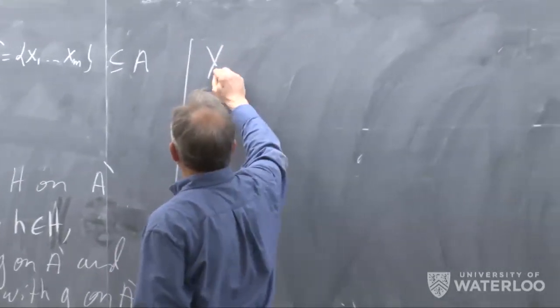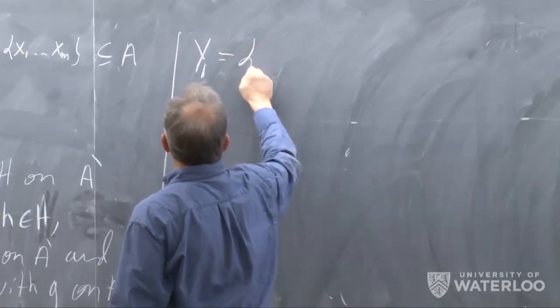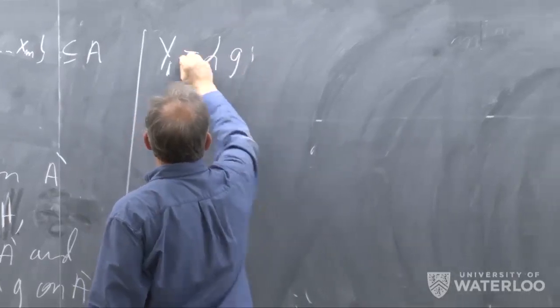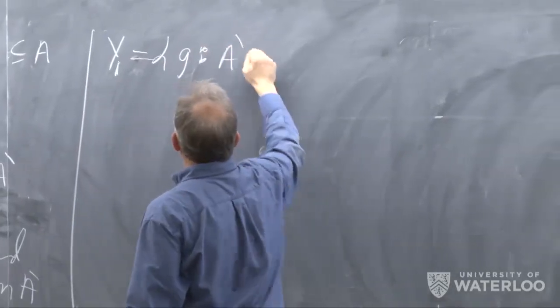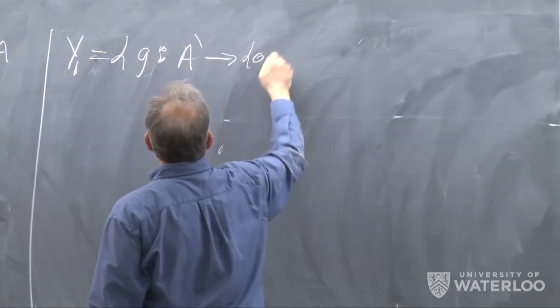Because I also want to define Y1, which will be the set of all G going from A prime to 0, 1.